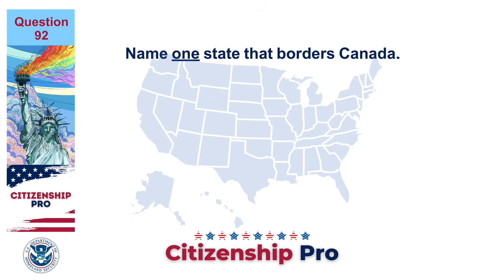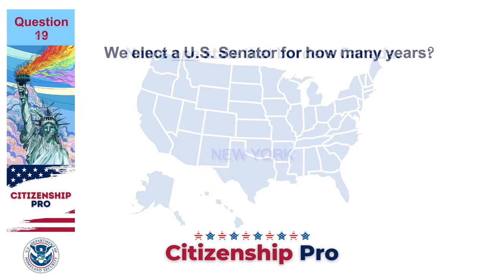Name one state that borders Canada. New York. We elect a U.S. Senator for how many years? 6.